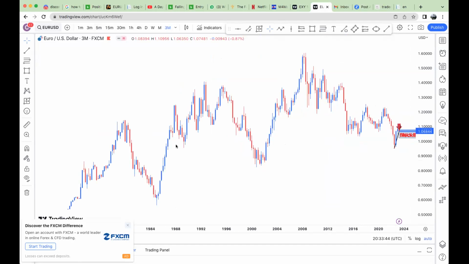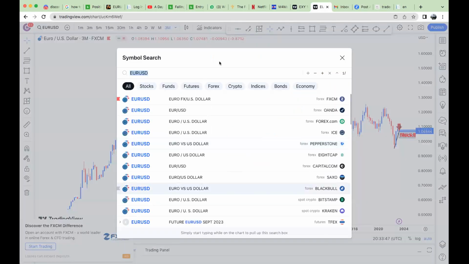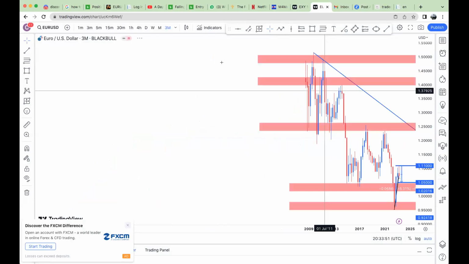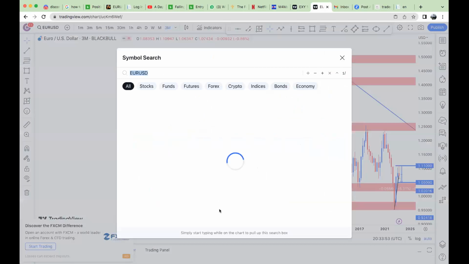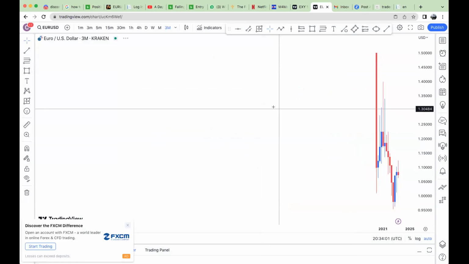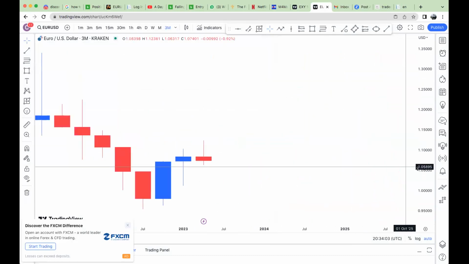Let me show you something on the 3 months time frame.